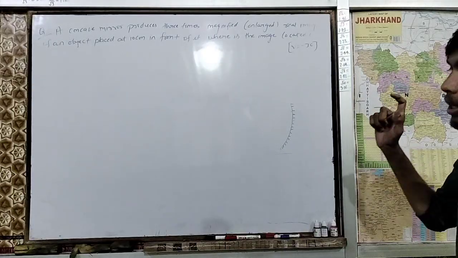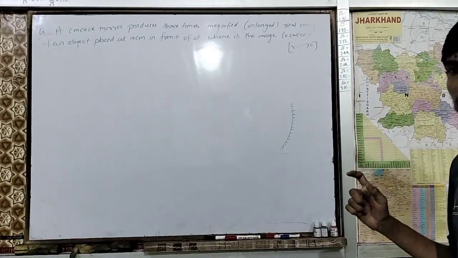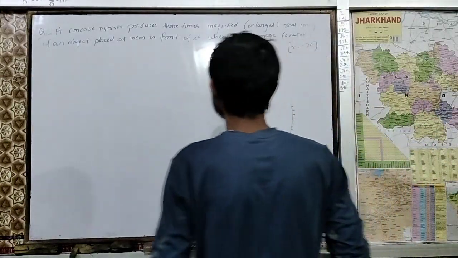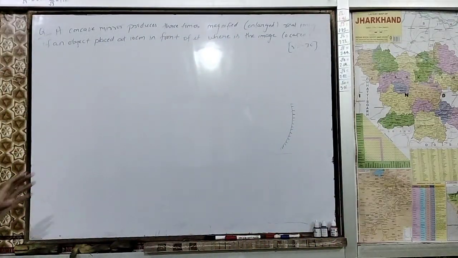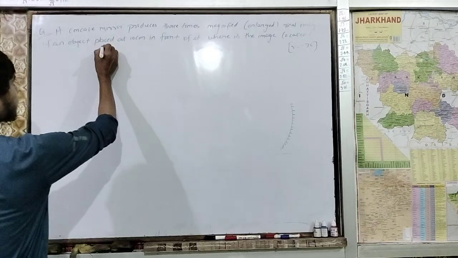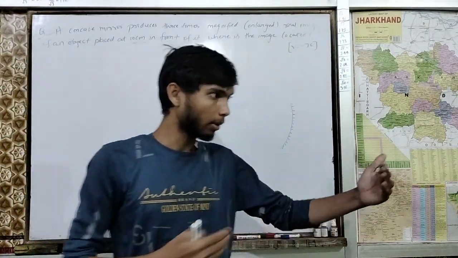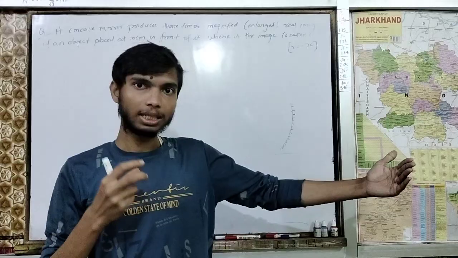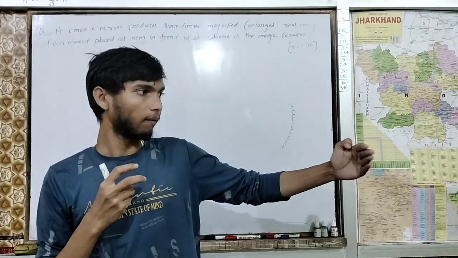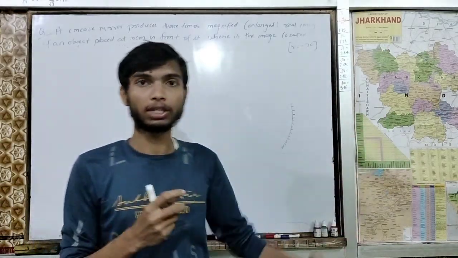So we have a real image, not virtual. A real image of an object which is placed at 10 centimeter. It is telling that in front of the mirror an object is at a distance of 10 centimeter.